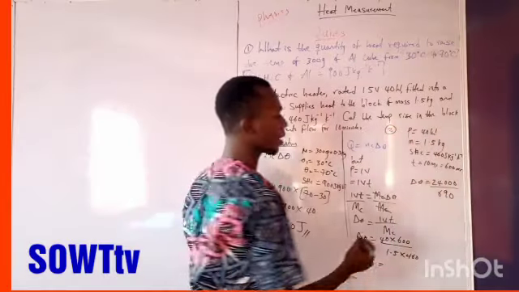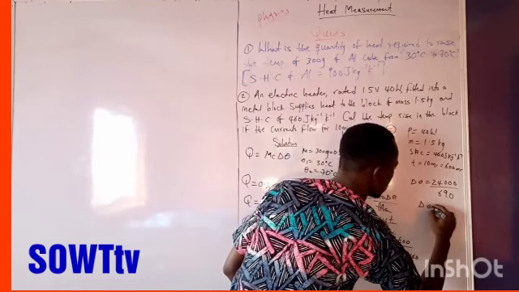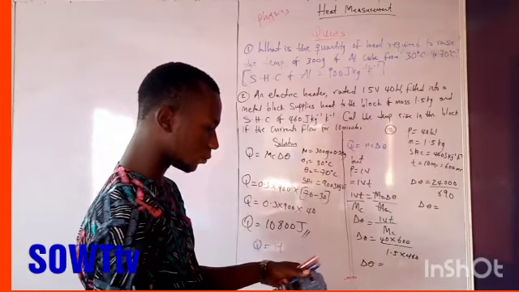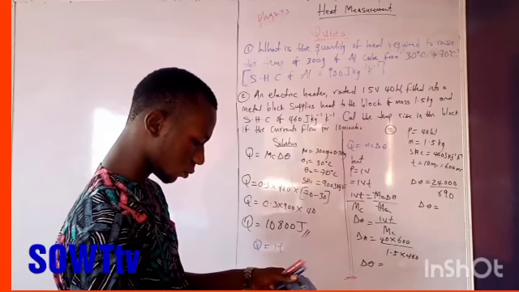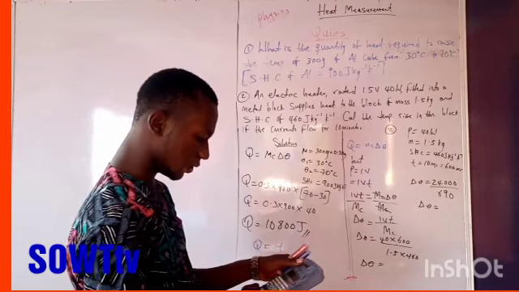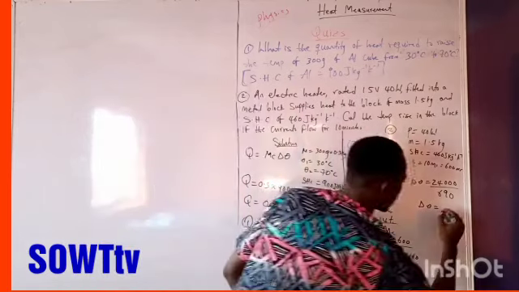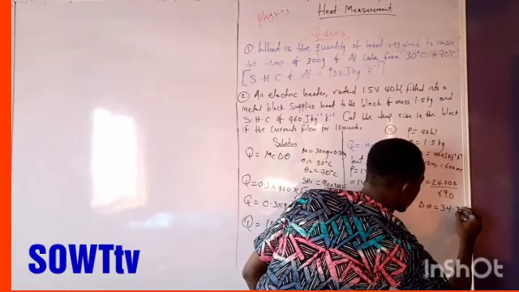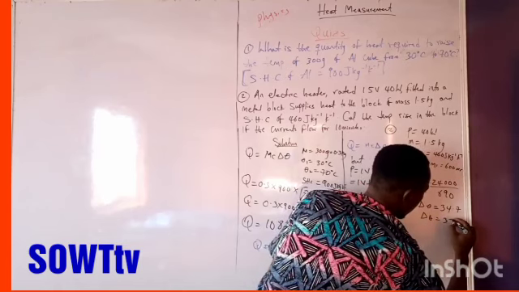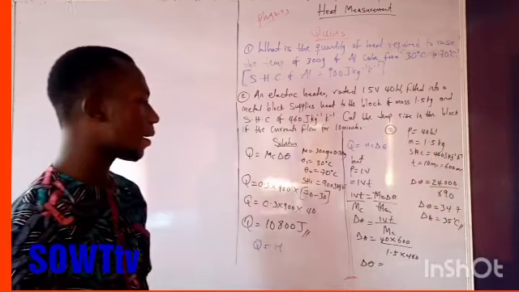If you like, you can cancel out, or you can divide directly. So 24,000 divided by 690. Our final answer is 34.7, so the change in temperature equals 35 degrees Celsius.